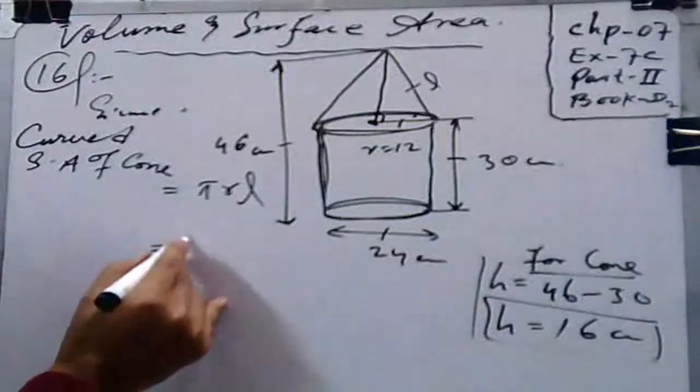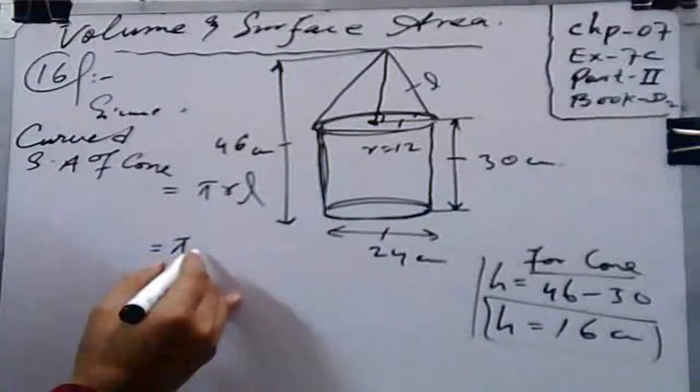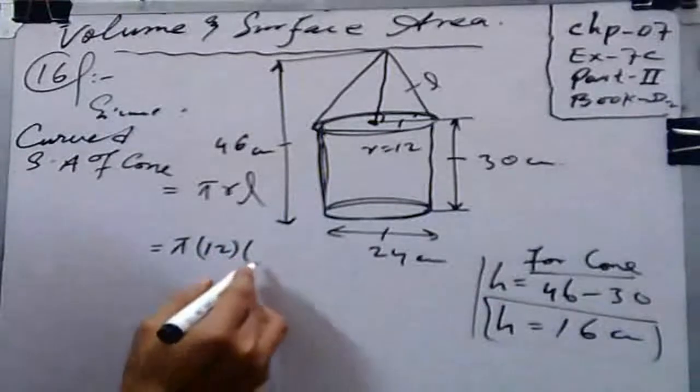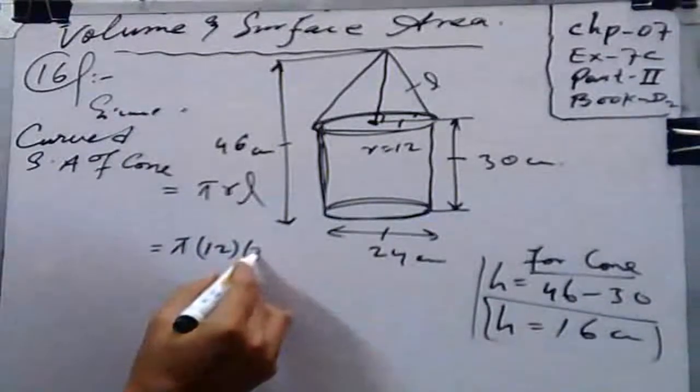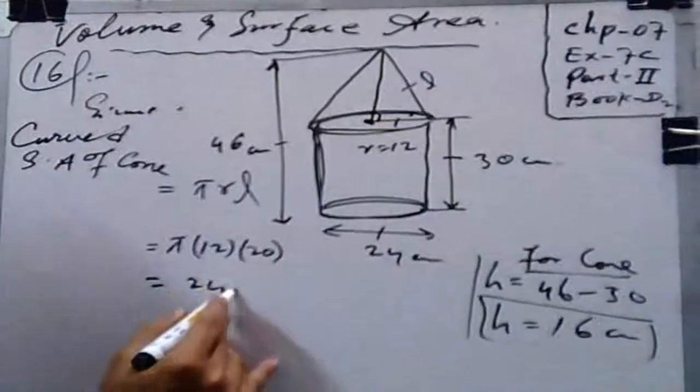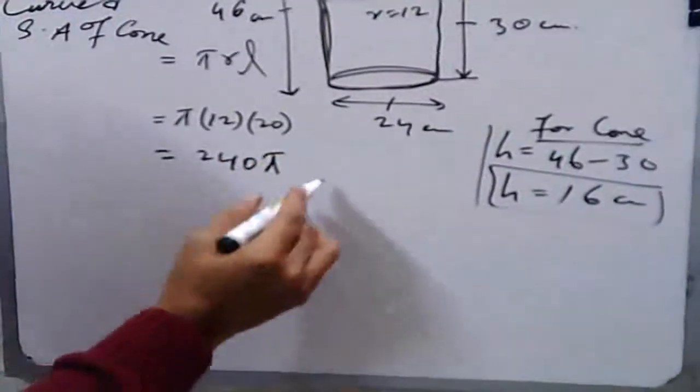Now how can we find the value of L? Because we have used here 20, because we know that L is equal to under root h square plus r square, we have this formula for slant height.